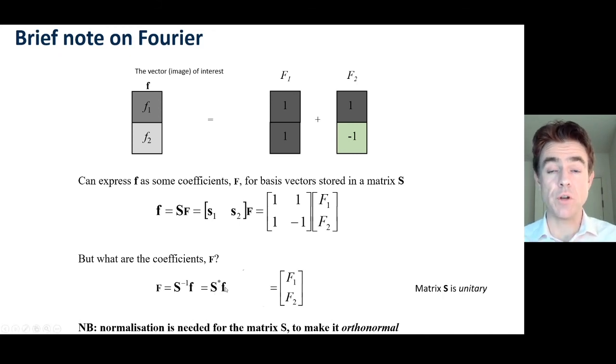So that's S star F, which we've already seen before earlier on, is none other than doing the Fourier transform, okay, where you just take each basis vector as a scalar product with the input vector F. We've seen that illustrated already, and so that is giving us exactly what we expect, and that will deliver f1, the Fourier coefficient for the first Fourier basis vector, so the 0 frequency, and then f2, the Fourier coefficient for the second Fourier basis vector, which is of frequency 1 and also equal to the Nyquist frequency.